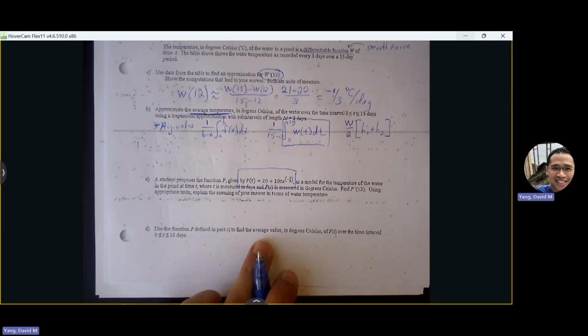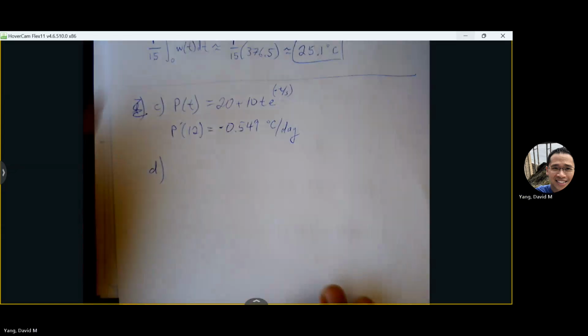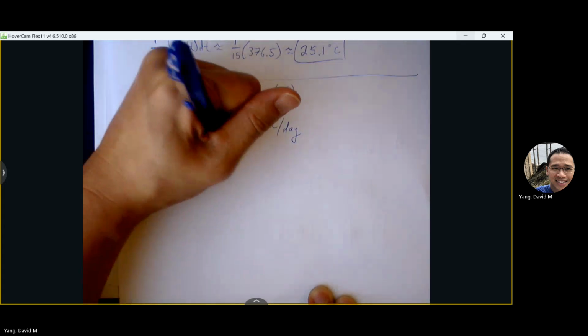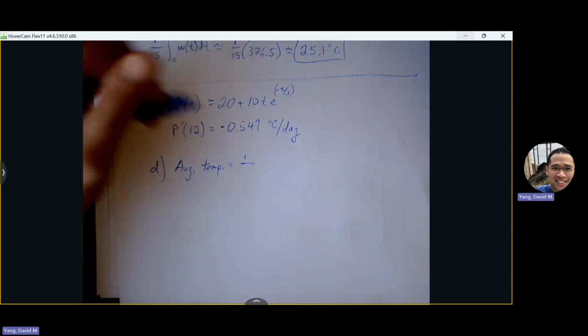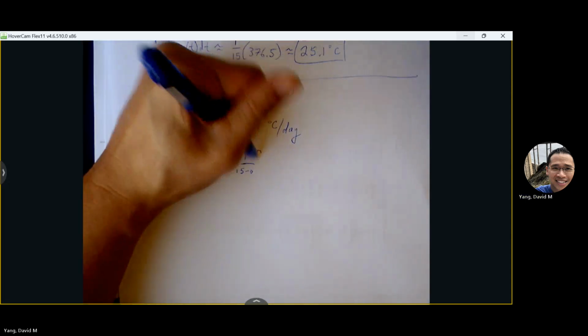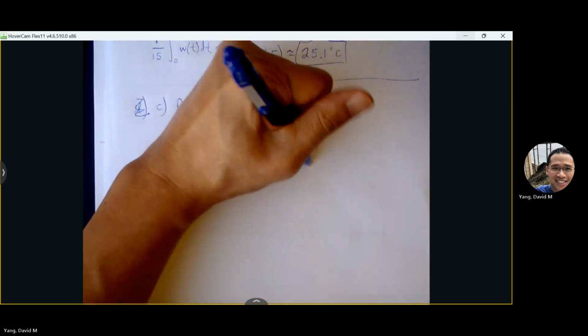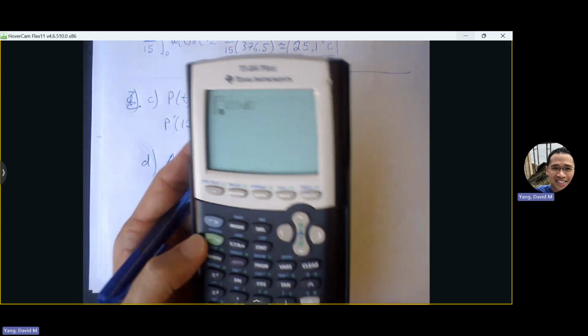Part D. Now we can also find the average value without relying on trapezoid approximation. We can actually plug all this into our calculator. So over the 15-day interval, now you can use that math 9 feature.